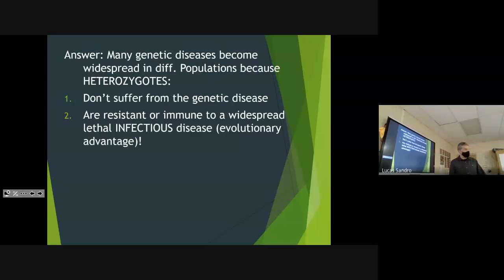Not genetic, but an infectious disease that's really, really bad in that particular population. There's really only one choice in the history of Africa for the number one killer disease. Anybody know?